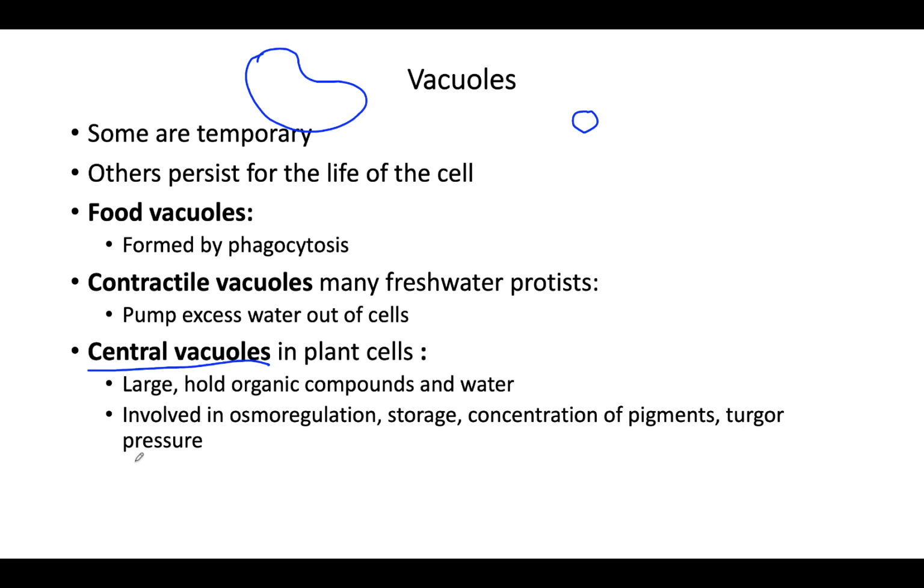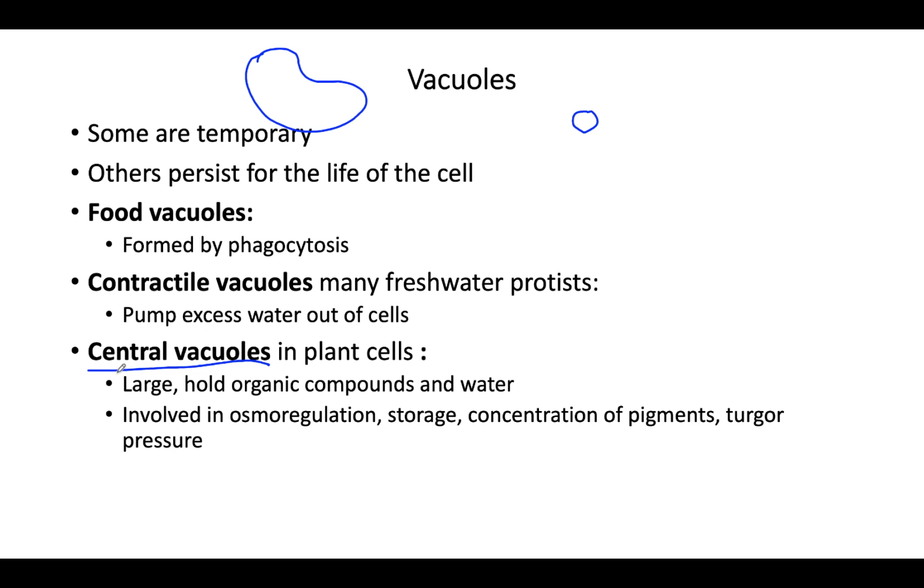This turgor pressure will come back when you study osmosis, so I will explain turgor pressure at that time. Overall, you can think that the central vacuole holds water in the cell.